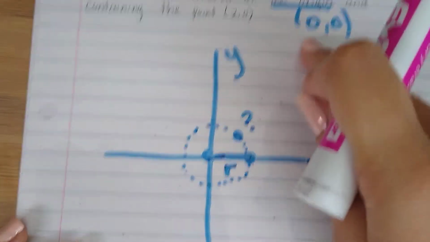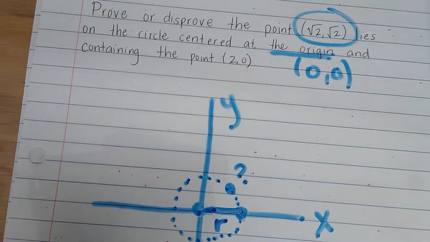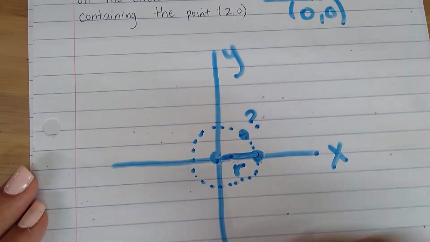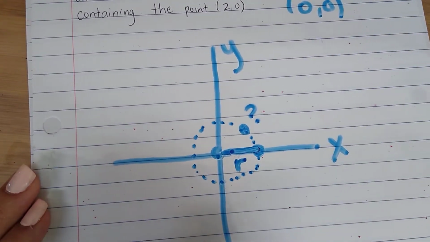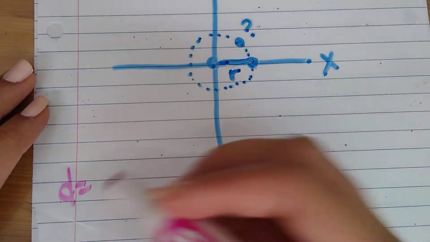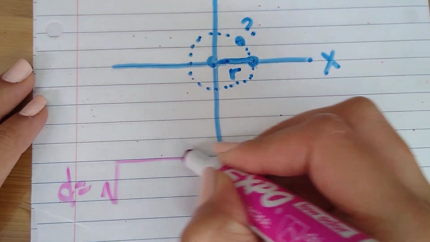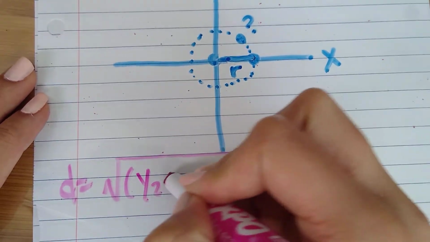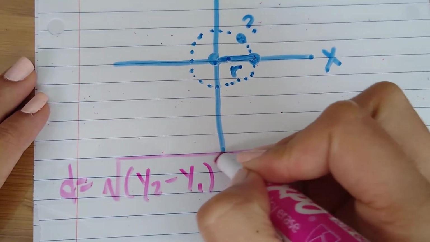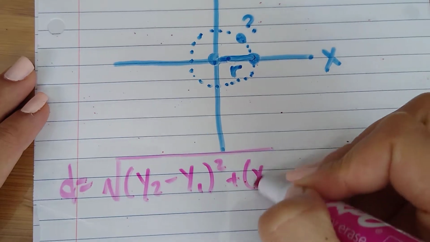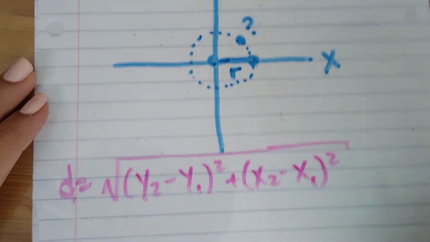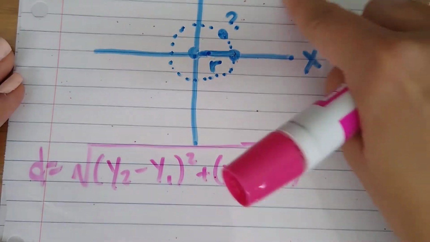Now again, when we're trying to find the distance, we're going to be using the distance formula. The distance formula is the square root of y2 minus y1 squared plus x2 minus x1 squared. Now I'm just going to go ahead and plug those values in.